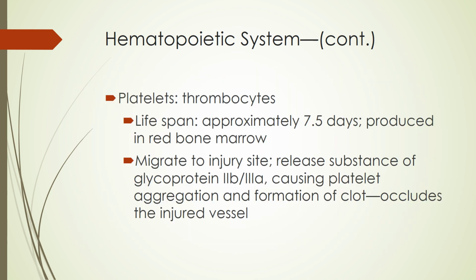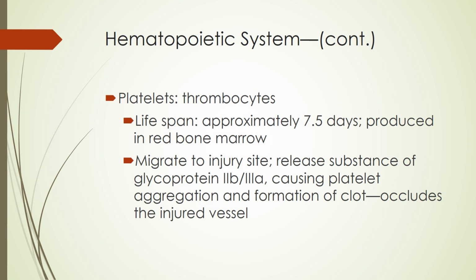Okay, platelets, the thrombocytes. Lifespan is about 7.5 days, produced in red bone marrow. They migrate to the injury site and release substances of glycoproteins 2B and 3A, causing platelet aggregation and formation of a clot that occludes the injured vessel.